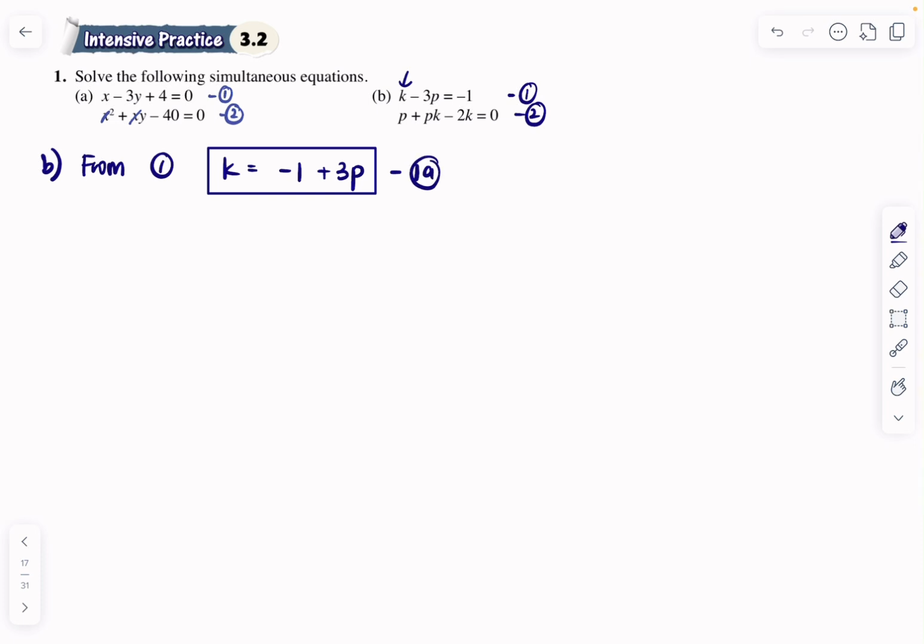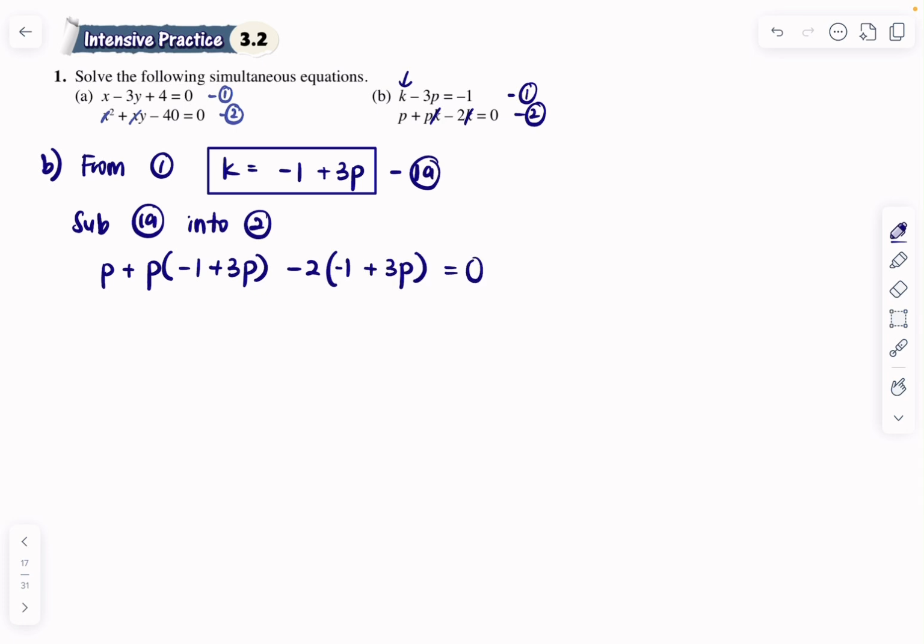Then we can sub this into equation 2. So we'll get p plus p times k. So we sub this k with negative 1 plus 3p, minus 2k. So we sub this k also with negative 1 plus 3p. Then we expand.